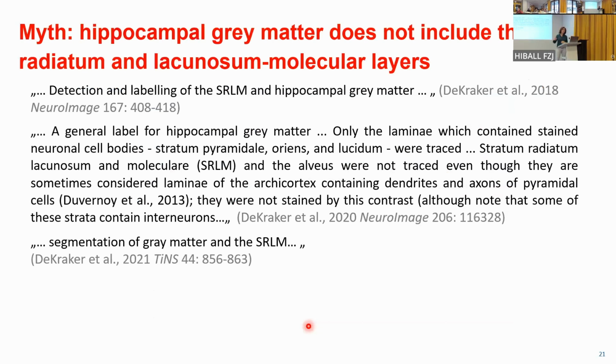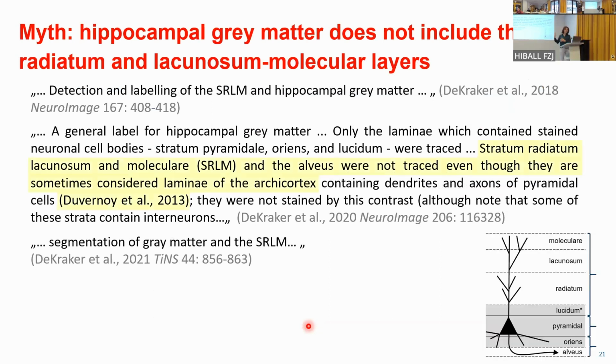And here again, I come to another myth, another thing that you will find published in the literature, where the authors describe that the hippocampal gray matter does not include the radiatum, lacunosum, or molecular layers, right? And according to this definition, only the lucidum layer, the pyramidal layer, and the Oriens layer would constitute the hippocampal gray matter.